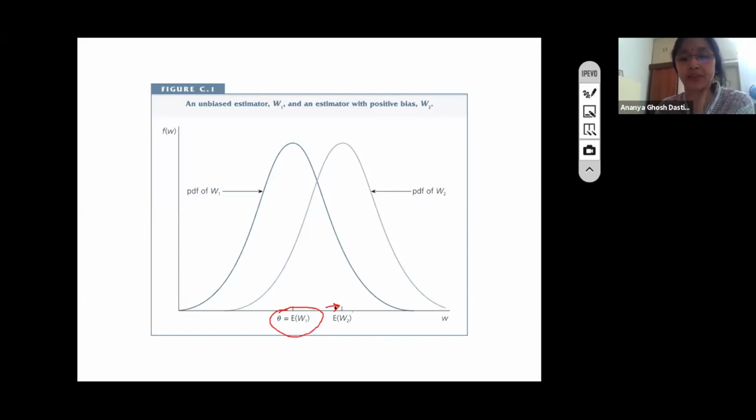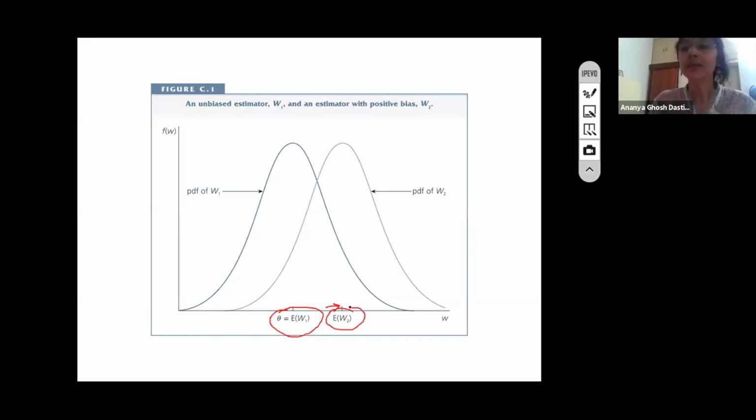The mean of W2 lies over here. So if you use W2 to estimate theta, you will get a positive bias. What does that mean? It means you will tend to return estimates that are higher.